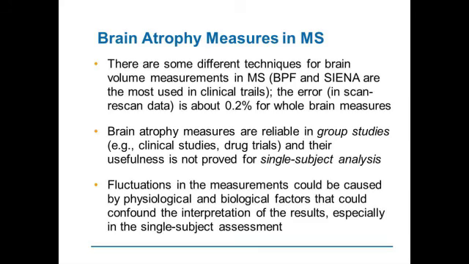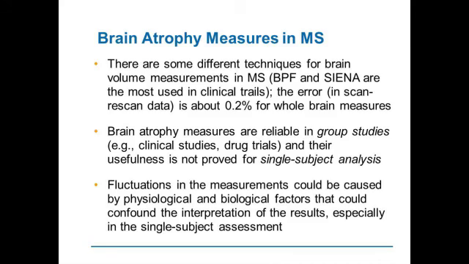These techniques have been refined over time, and now the measurement error, especially for longitudinal measurements, is quite low. For the Siena method, the scan-rescan analysis revealed a measurement error of about 0.2% for whole brain measurement.